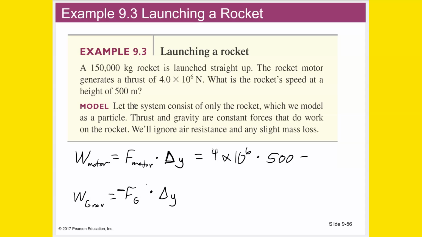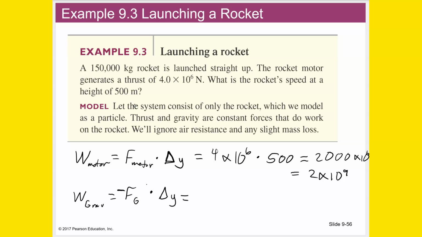And that's going to give me 2 followed by 9 zeros, so we could write that as 2 times 10 to the 9th.